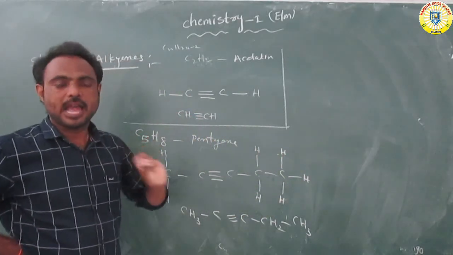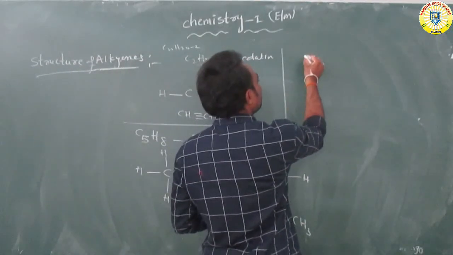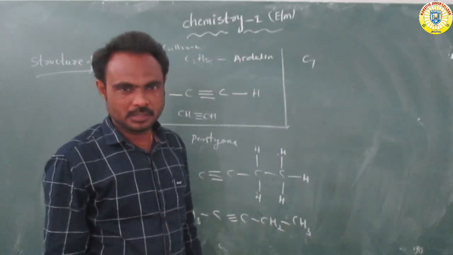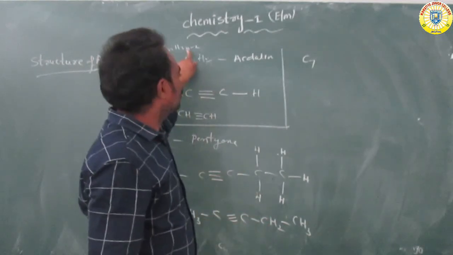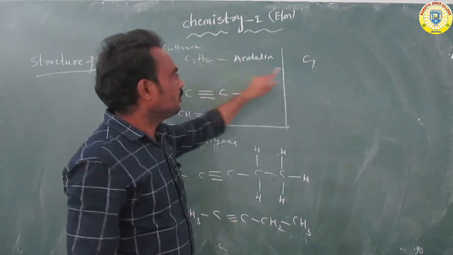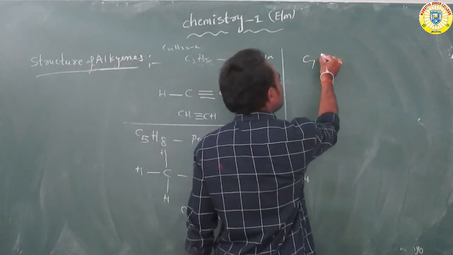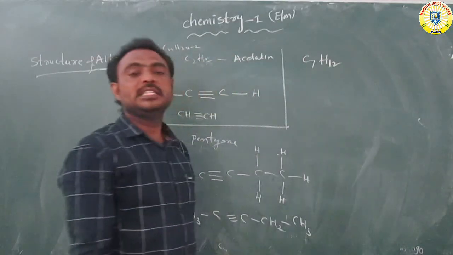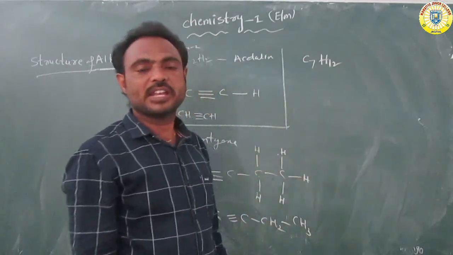Suppose we have taken another, C7. C7 means just like hept, or heptyne. So overall, 2 times 7 is 14, minus 2, 12. So C7H12, it is heptyne. How many carbons? 7 carbons.